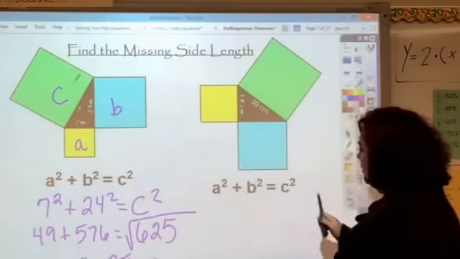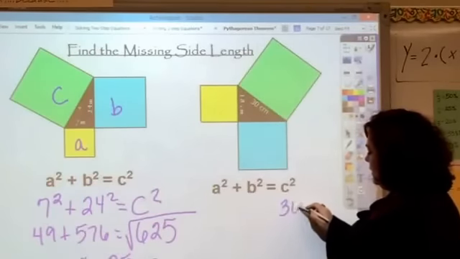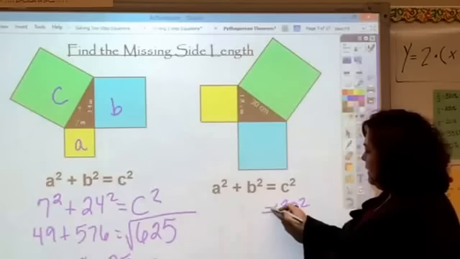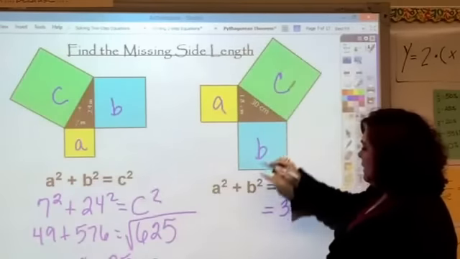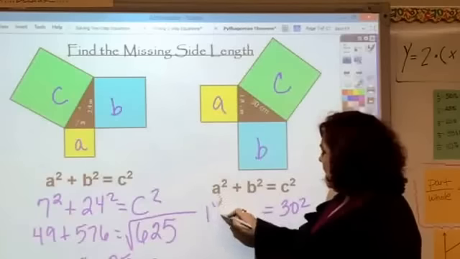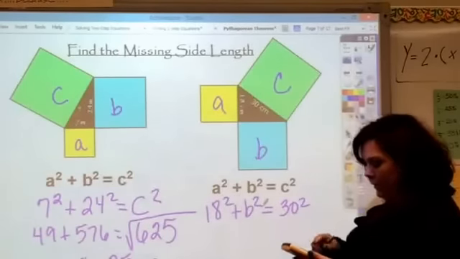Okay, over here, now I know my hypotenuse is 30 squared, and we'll go ahead and label these A, B, and C. A is 18 squared, and I want to find out what B squared is.